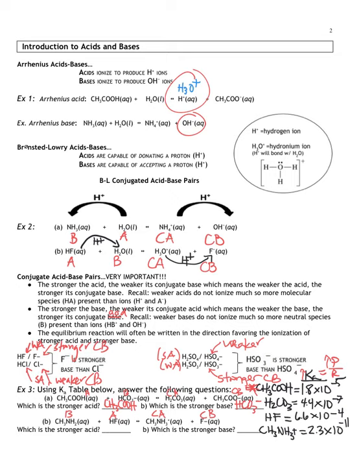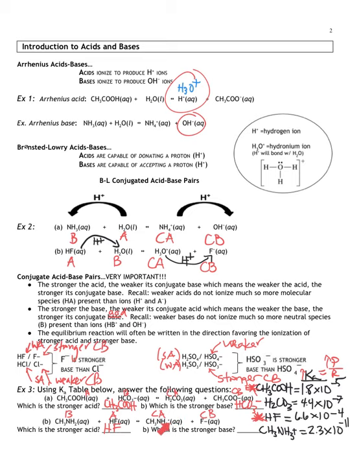After I identify that, then I look at my Ka values to see who is higher, and it looks like hydrofluoric acid is higher. So I'm going to star that. That means hydrofluoric acid is a stronger acid. The weaker acid is methylamine ammonium, which is this guy here, or CH3NH3 plus.